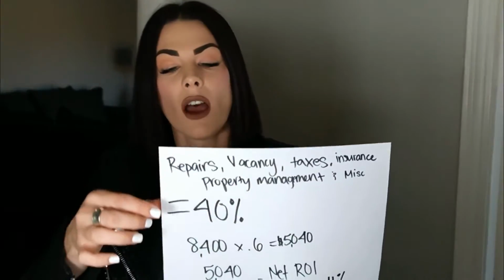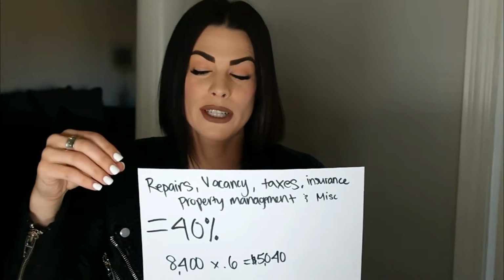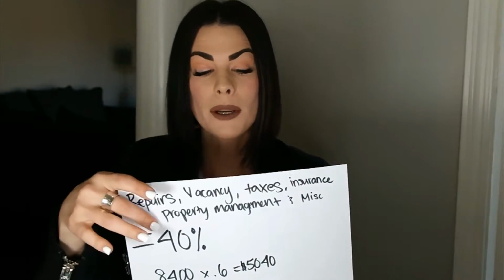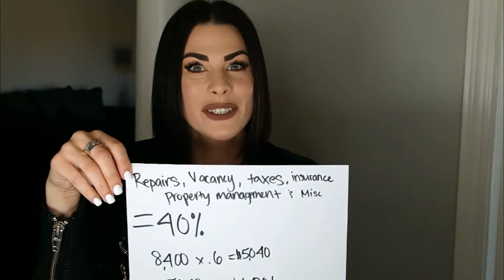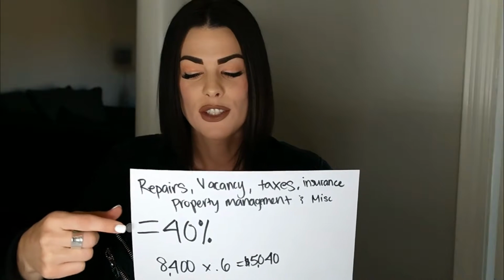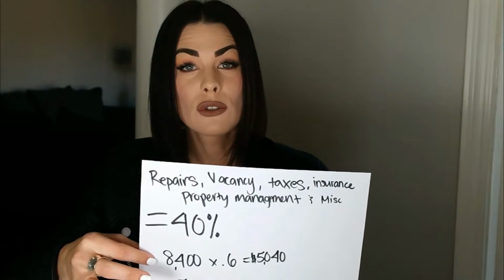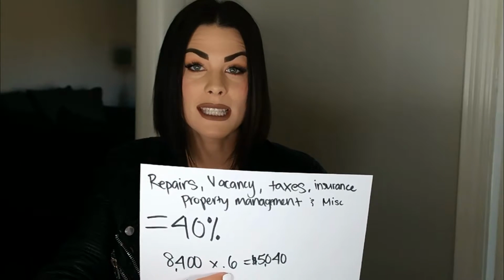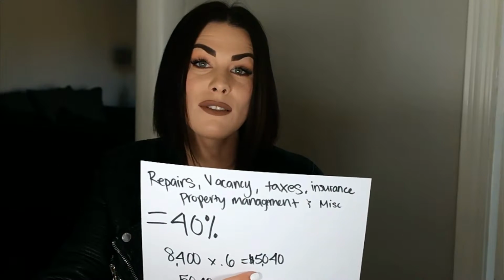So here we go. I account the cost to be about 40%. This is going to be repairs, vacancies, taxes, insurance, property management, and miscellaneous, which I will go over in a second. Miscellaneous is real fun. So 40%. We're going to take our original gross rental income of $8,400 and multiply it by 0.6 to let go of this 40%, and we get $5,040.